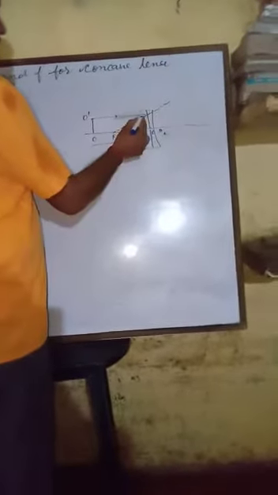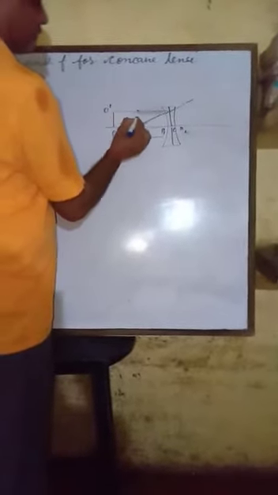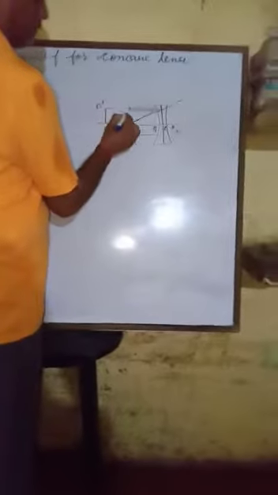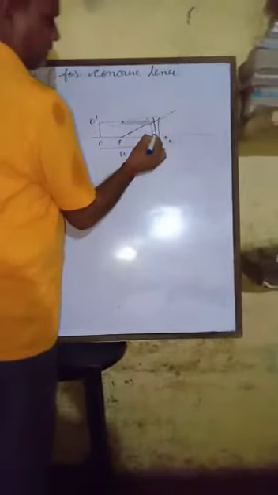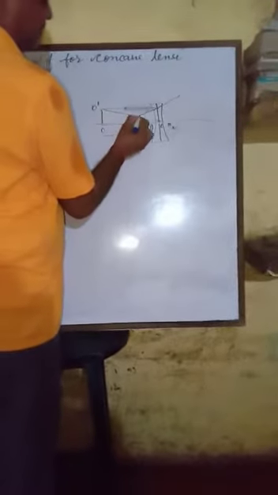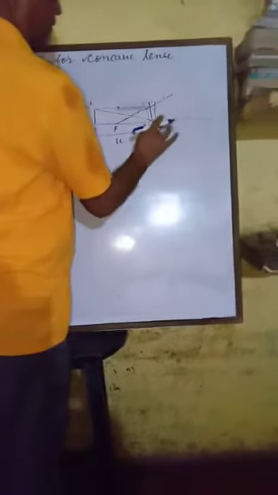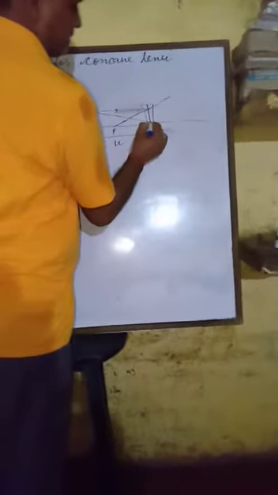Another light ray travels from O dash and after refraction passes through the optical center of the lens.